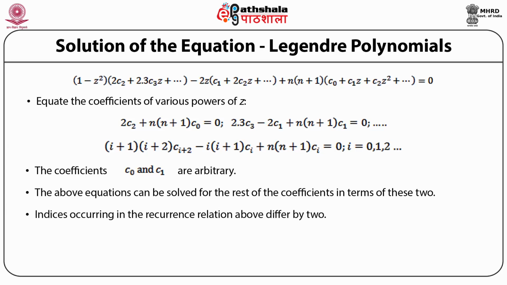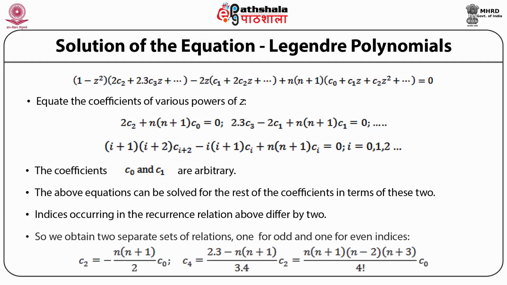Since the indices occurring in the recurrence relation above differ by 2, we obtain two separate sets of relations, one involving even indices only and the other odd indices only. Thus, c2 is equal to minus n into n plus 1 c0 divided by 2. c4 is equal to (2 into 3 minus n into n plus 1) c2 divided by 3 into 4.